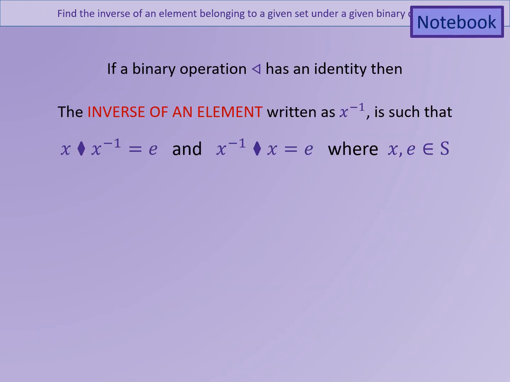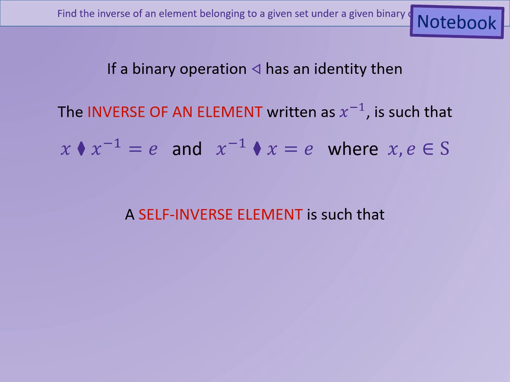Our next definition is an inverse of an element. This is written as the element to the power minus 1. So the inverse of x will be written as x to the minus 1. And for any element, if it was multiplied using the binary operation by its inverse in either order, either x operation x inverse or x inverse operation x, the answer would need to be the identity element for that set.